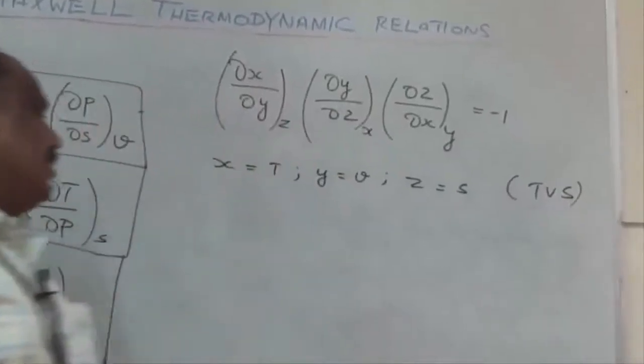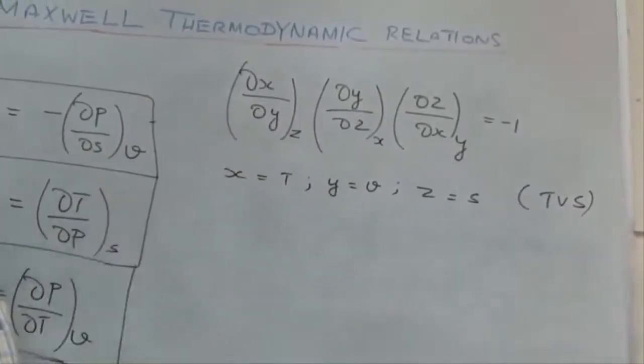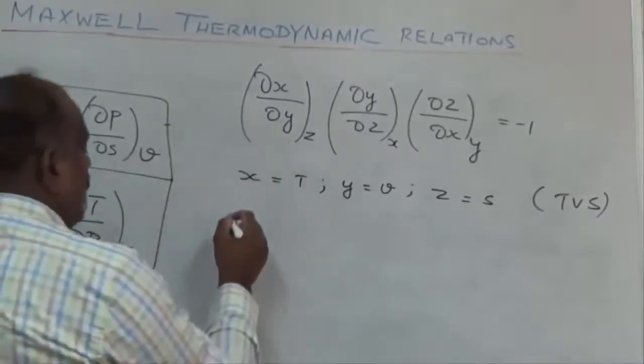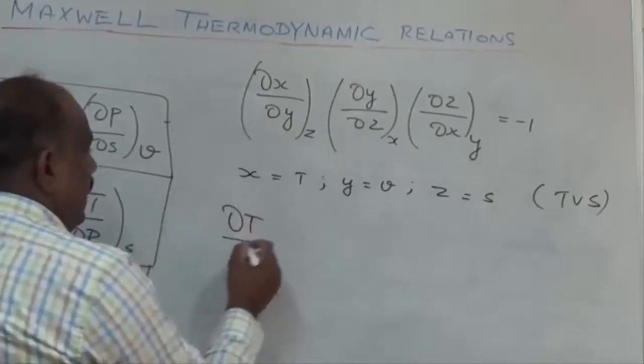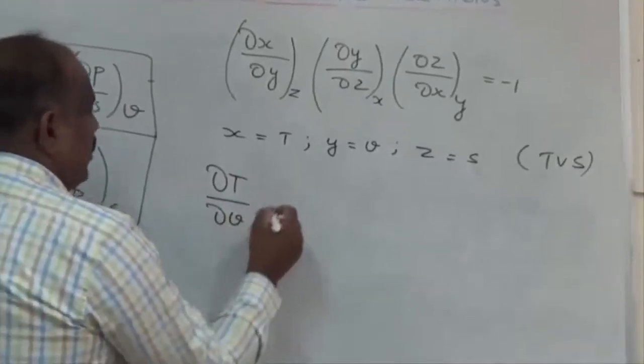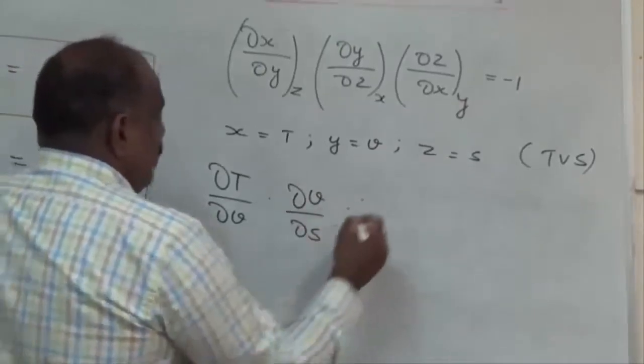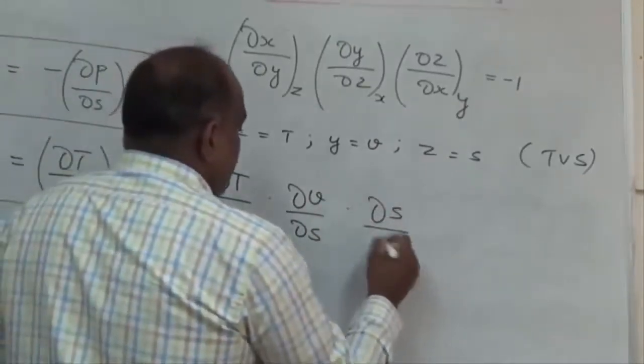TVS may be utilized for getting the second relationship from the first one. So now let us implement this cyclic relationship. It will become ∂T/∂V into ∂V/∂S into ∂S/∂T.